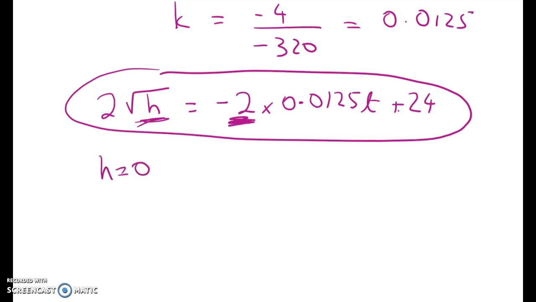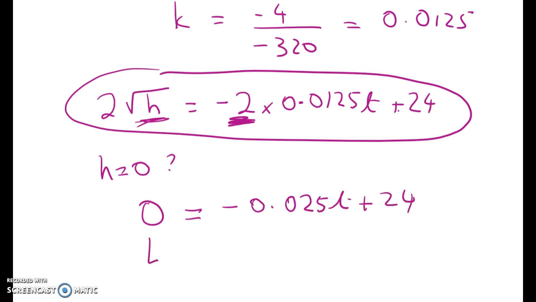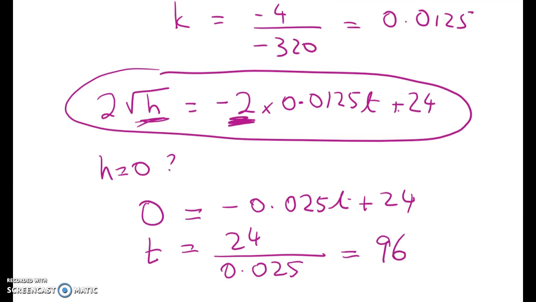So H equals 0. We want to have 0 equals negative 0.025t plus 24. So t is 24 over 0.025. So 24 times 40, 960. I think we were talking about hours. I better check that. Okay, so that's that question done.